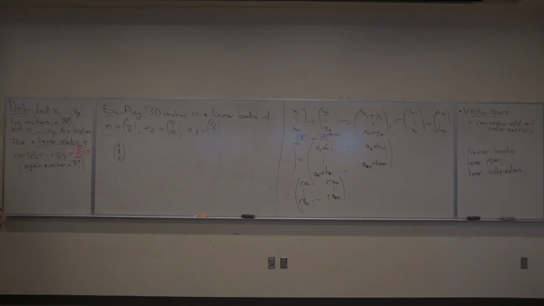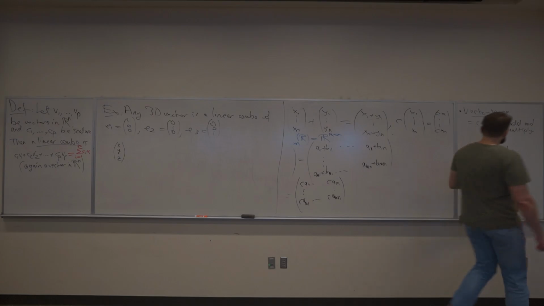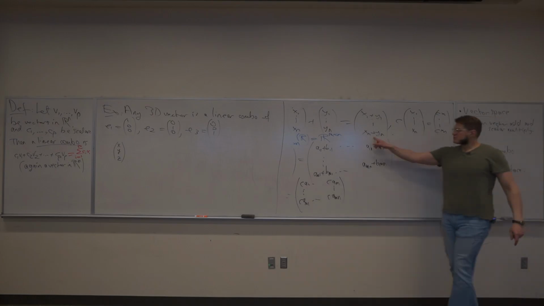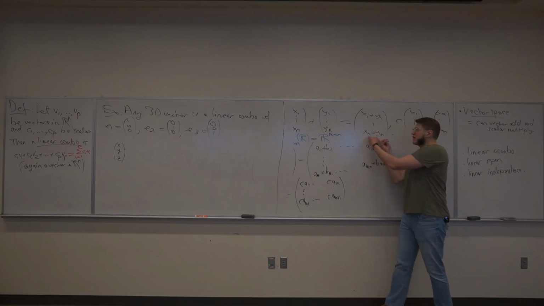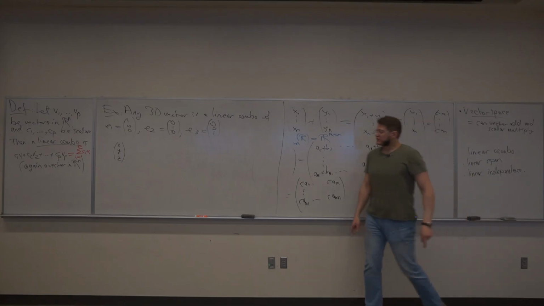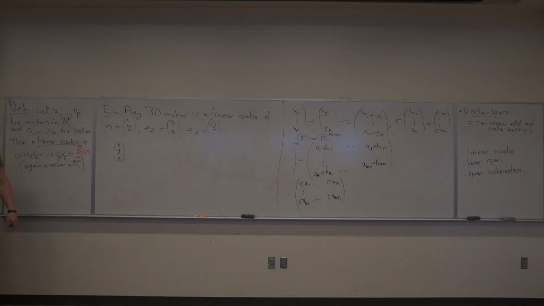This is where perhaps things get a little bit complicated, because even though we're technically talking about addition, you can also go backwards as well. If you have a vector like this, you can split it into sums. So here, I can say x, y, z is the sum of x, 0, 0 plus 0, y, z. I can do that, for instance.